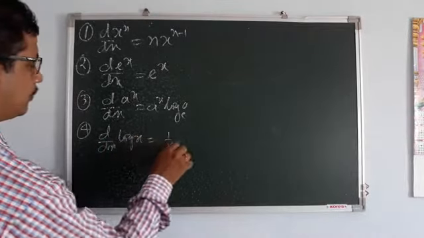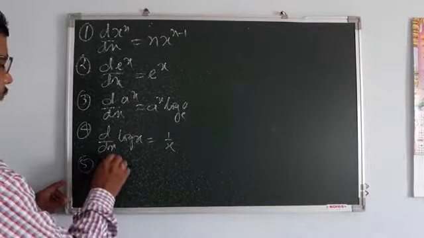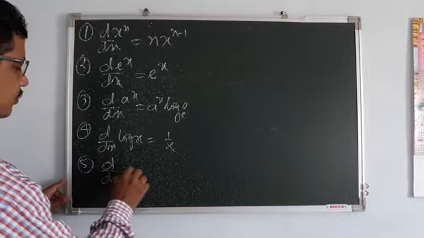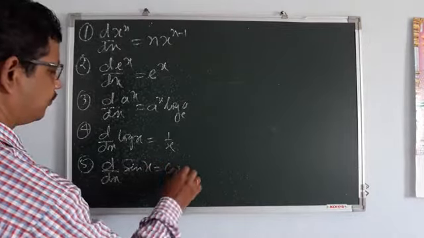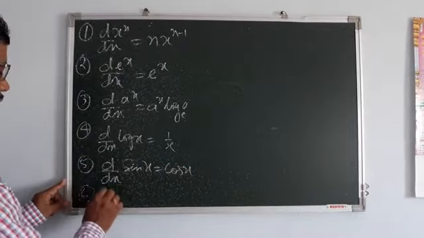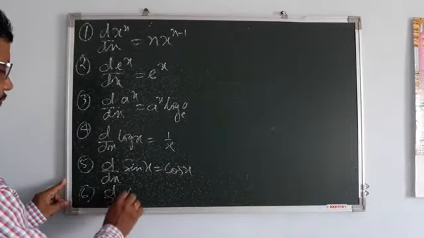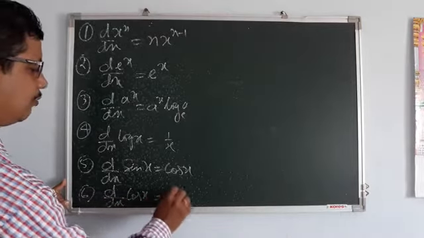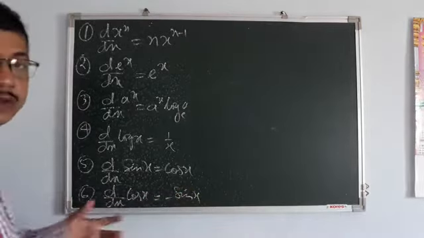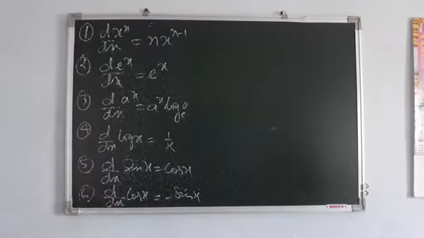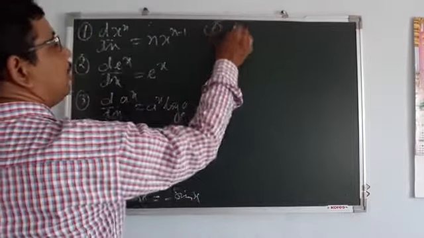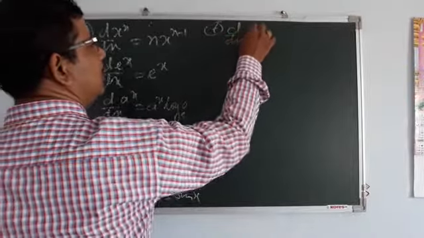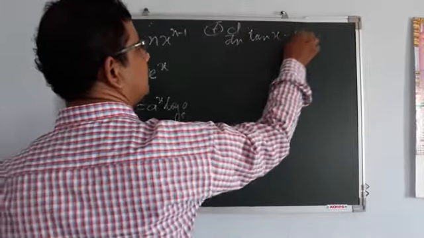is 1 by x. Then differentiation of sin x is cos x. Differentiation of cos x is minus sin x. That we know already, but we are going to revise these things. Then differentiation of tan x is sec square x.